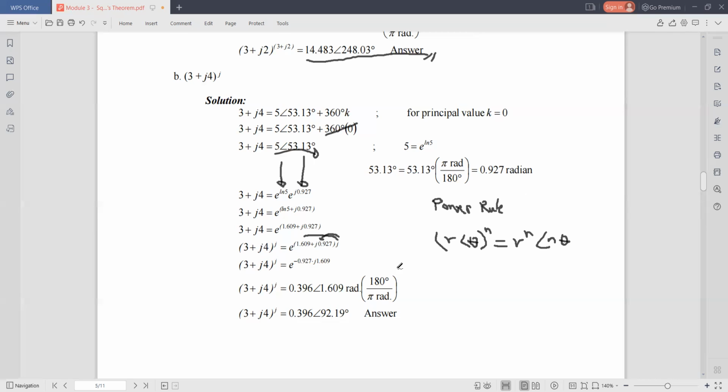Okay, so this is the power rule for your polar form. So r angle of theta, quantity raised to n, is equal to r raised to n angle of n times theta. Take note that this is in degrees and it applies only for the polar form. It is not in our module.